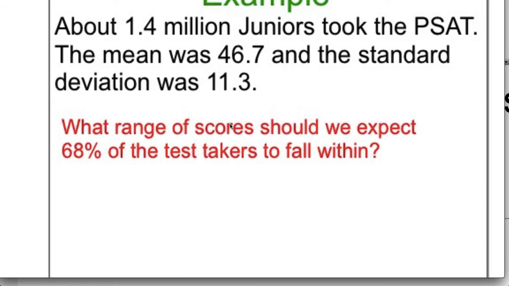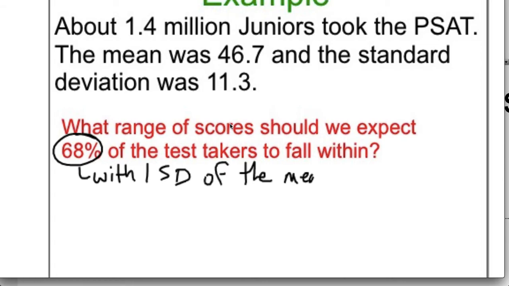Well, again, using the 68, 95, 99.7 rule, 68% will fall within 1 standard deviation of the mean. And so if the mean is 46.7, then 68% of scores will fall between, let's see, that is 58.